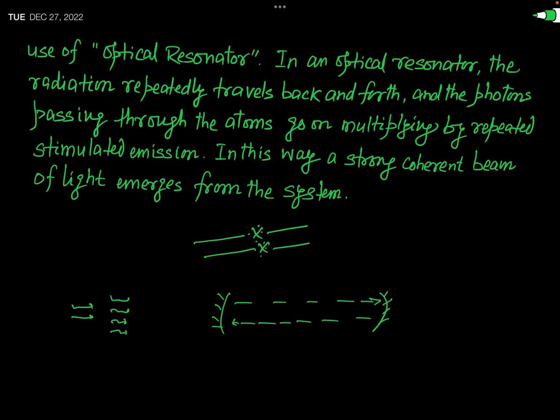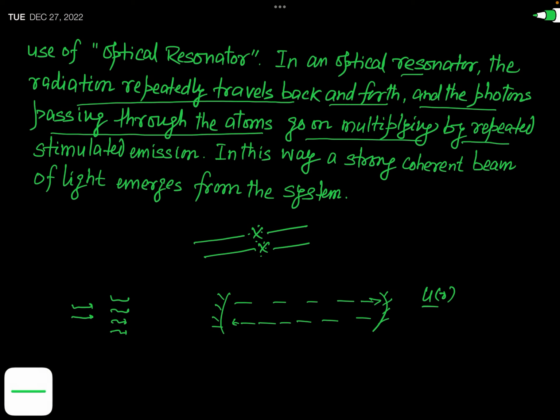So in this way, by placing the lasing medium inside an optical resonator, we can increase the spectral energy density of the radiation. In an optical resonator, as I have mentioned here, the radiation repeatedly travels back and forth, and the photons passing through the atoms go on multiplying by repeated stimulated emission.